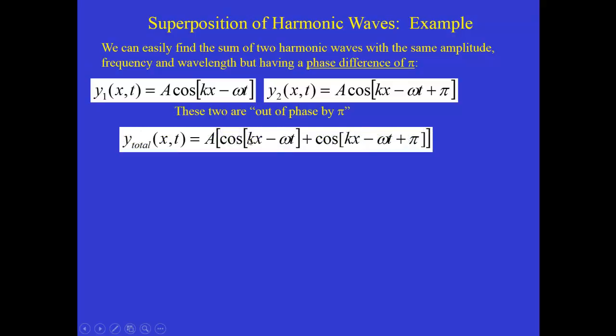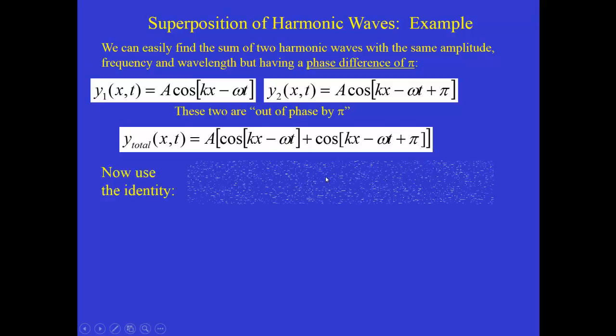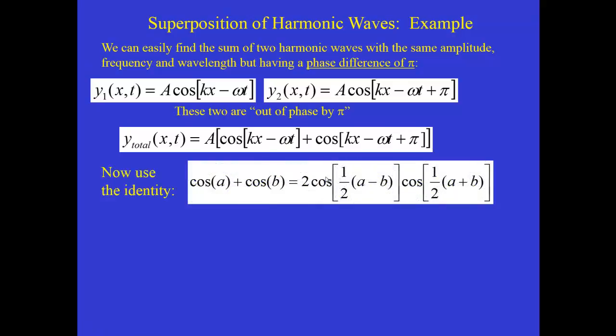So when we add those two together, we can factor out the amplitude A because they have a common amplitude. And what we see is we just have the sum of two cosine terms with slightly different arguments. So now we're going to use the identity, which you can find in the back of your textbook, that tells us cosine A plus cosine B is twice the cosine of half (A minus B) times the cosine of half (A plus B).